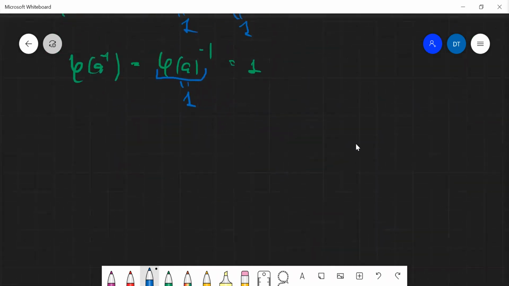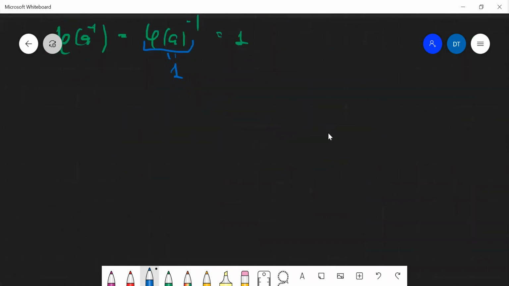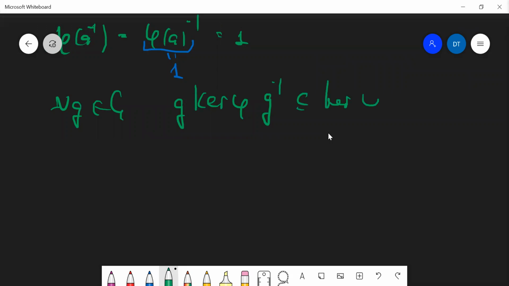Now, we want to show that the kernel is a normal subgroup. What does it mean? Well, we have a criterion how to check that a group is a normal subgroup. One of them says that for each element g from G capital, we need to show that g times the kernel of phi times g inverse must be inside the kernel of phi.